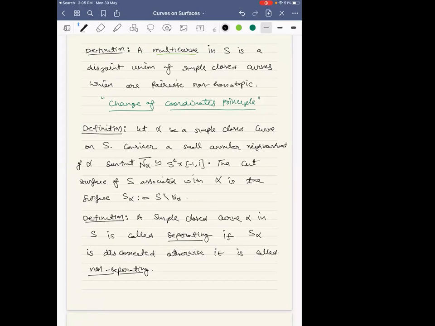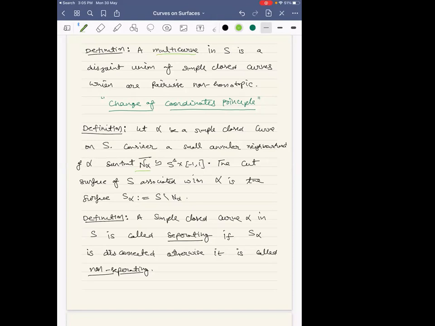Let alpha be a simple closed curve on a surface S. Consider an annular neighborhood of alpha such that its closure is homeomorphic to the closed annulus S1 cross the closed interval [-1, 1].